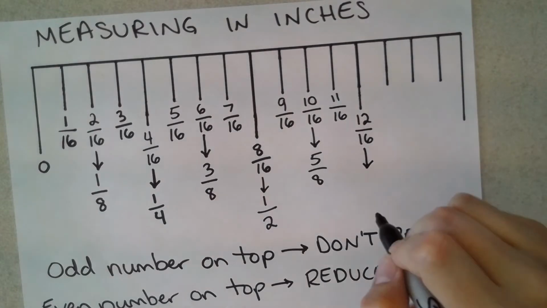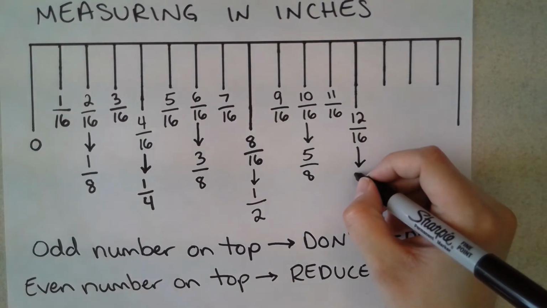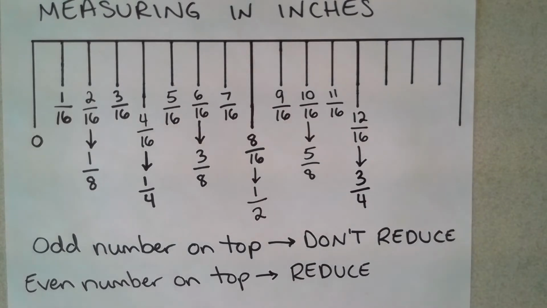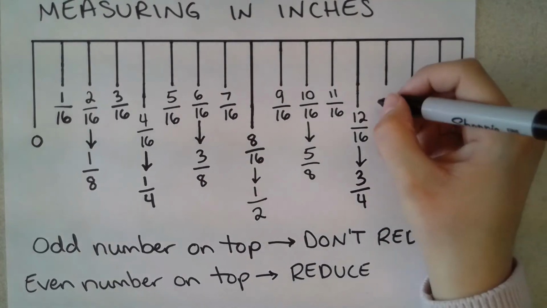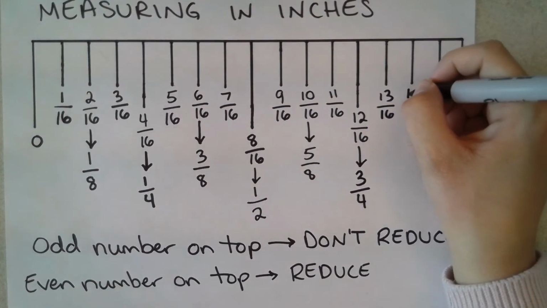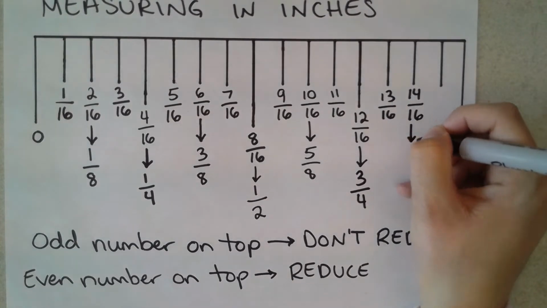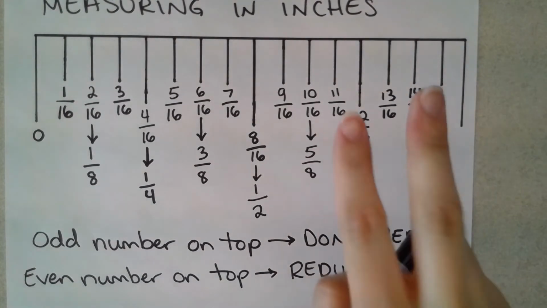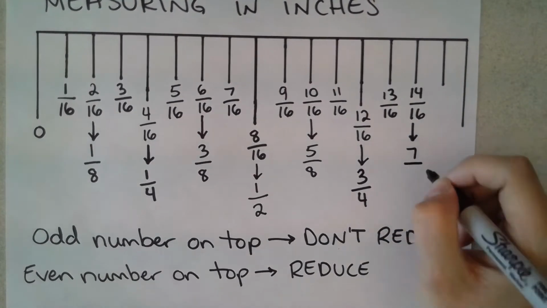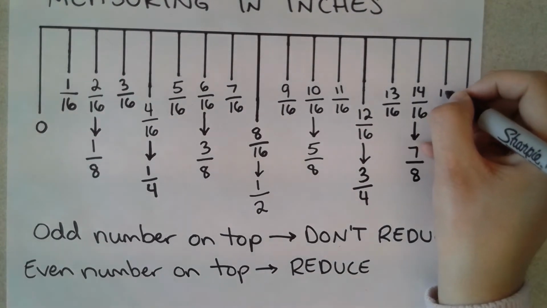Divide by 4 on the top and the bottom, and that way we get 3 over 4, or 3/4. 13 over 16 is the next one. 14 over 16 after that, which again we can divide by 2, and so we get 7/8. Then 15 over 16.